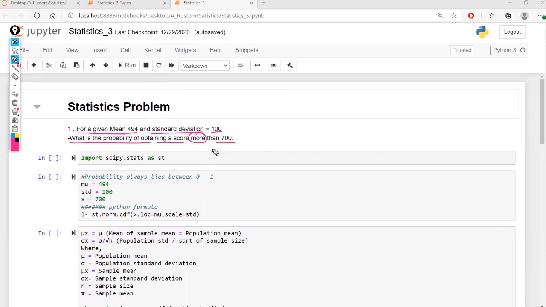I was given a mean and a standard deviation, and I need to find the probability of obtaining a score more than 700. So let's plot the distribution, then interpret this problem statement.